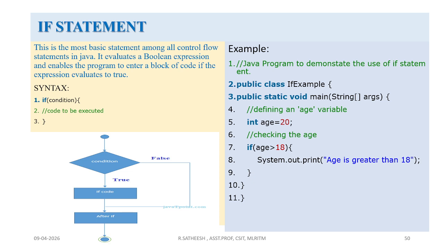If age is 15, nothing will print on the console, because there are no other statements after the if condition. If you write any statements after the if statement, they will be executed. Here I did not write any, so it prints only when the condition is true. If it is false, nothing will display on the console. It simply shows an empty screen.